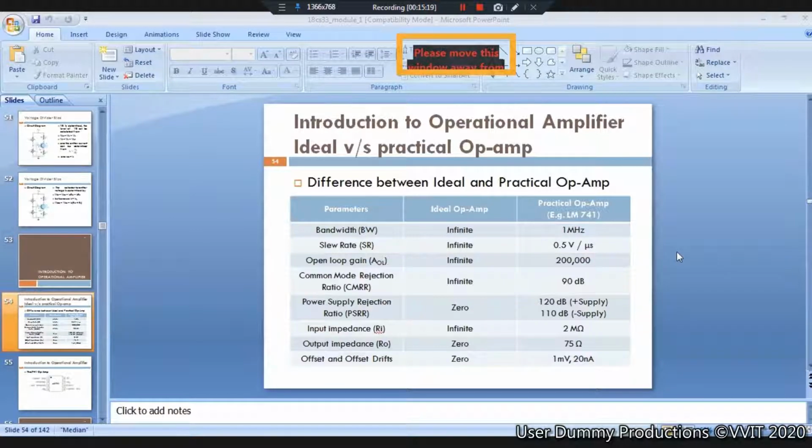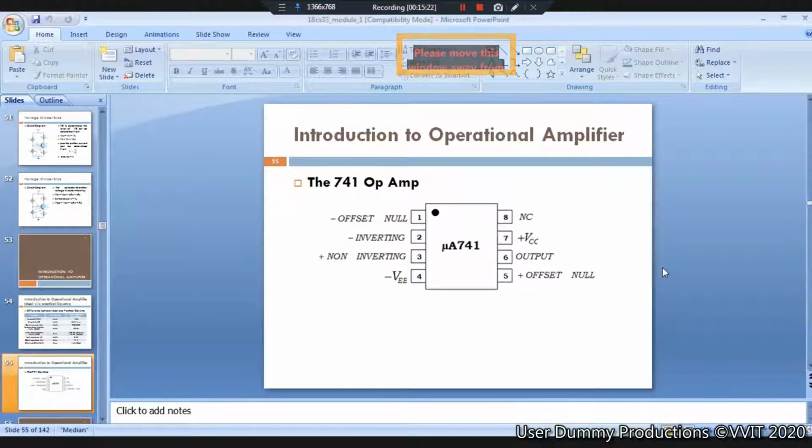in the operational amplifier, this is the basic schematic IC for the operational amplifier. In the 8-pin IC, the first pin is nothing, connected or not connected, there is no use.